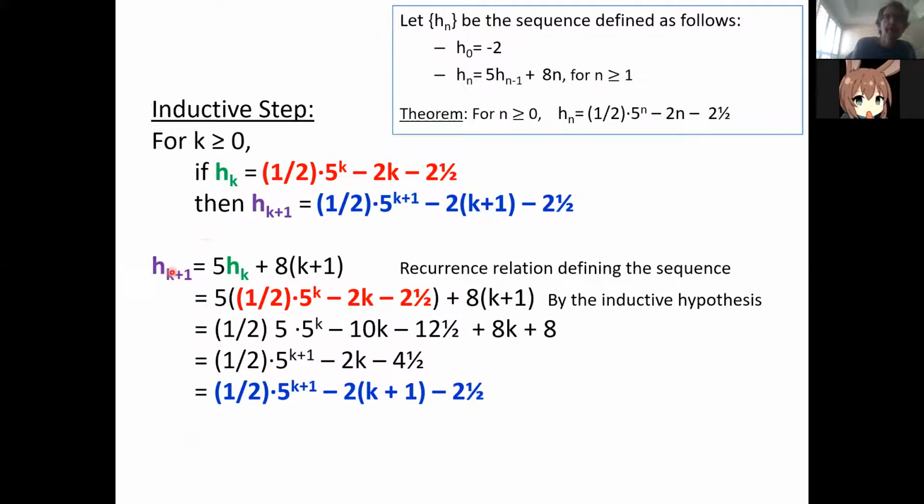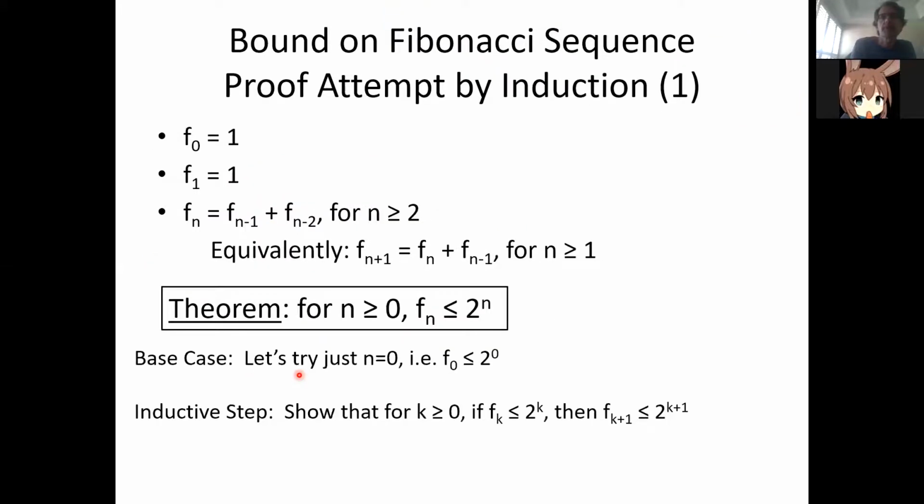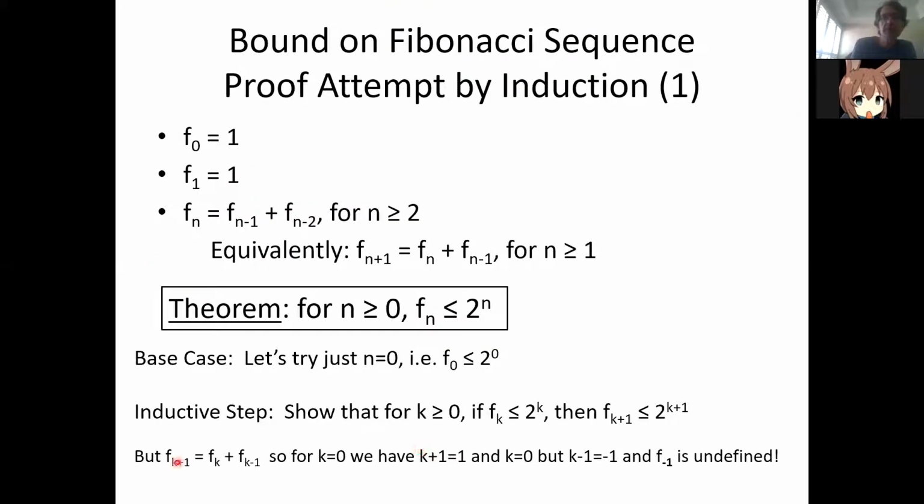So I'm rewriting f_{k+1} in terms of the previous elements, and I'm hoping that I can use the inductive hypothesis on these previous elements, and the rest will fall true. Now, if I do this, then in this first step, I'm going to rewrite f_{k+1} using this formula, now instantiated for n = k+1, so this guy becomes f_k, and this guy becomes f_{k-1}.